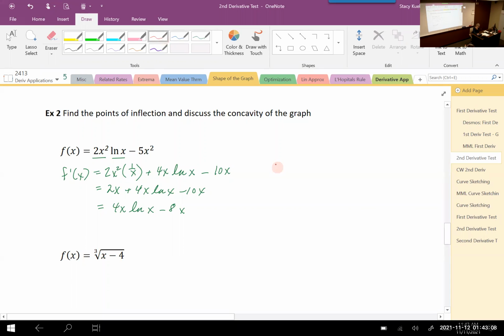So the second derivative, again, we have the product rule here.